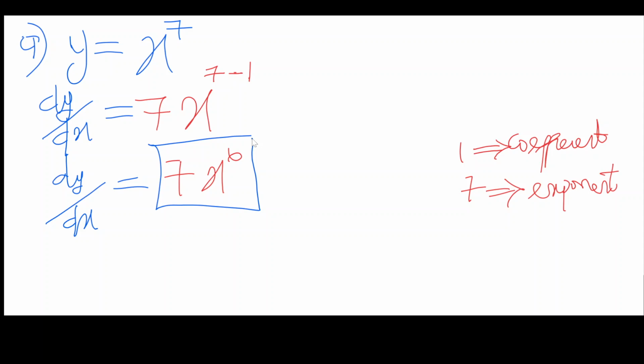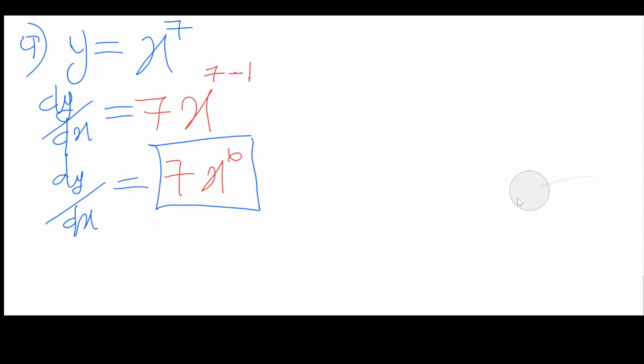Now let's talk about another example. The second example says we should differentiate y equals x to the power of half, as in this case. How do we go about it using second principle?